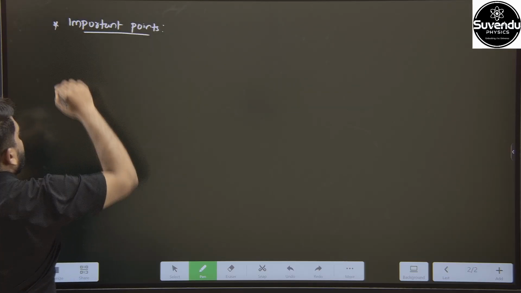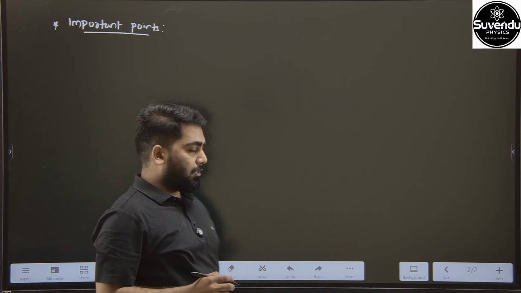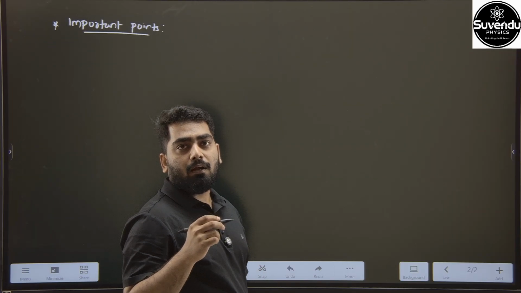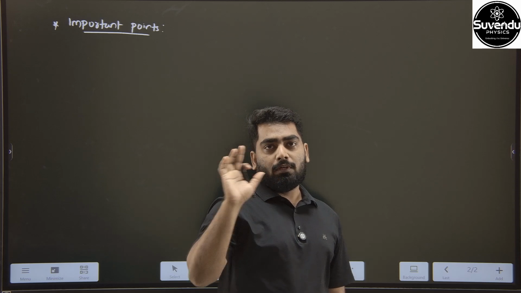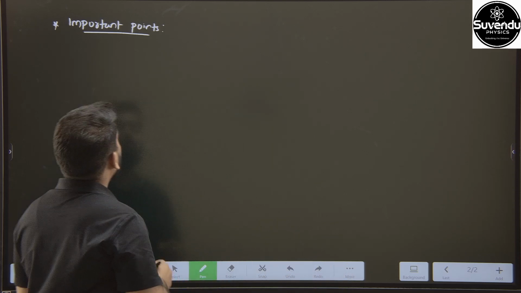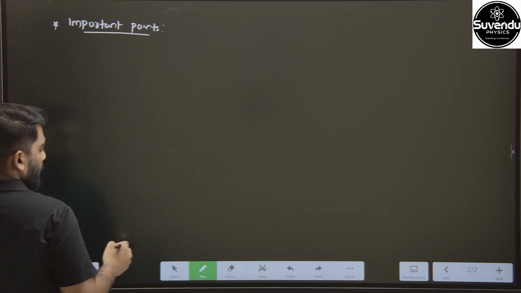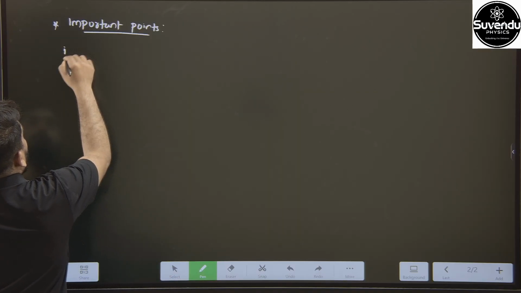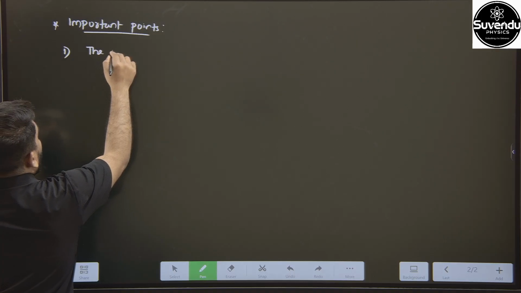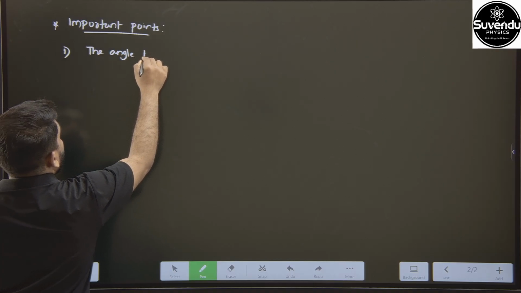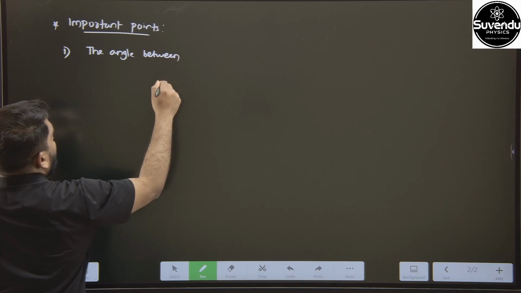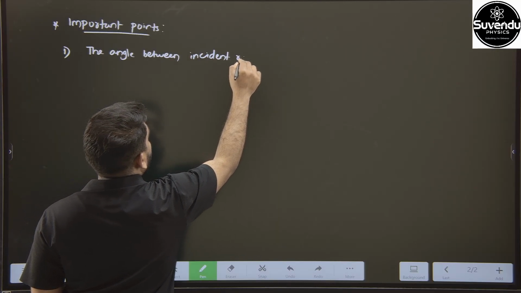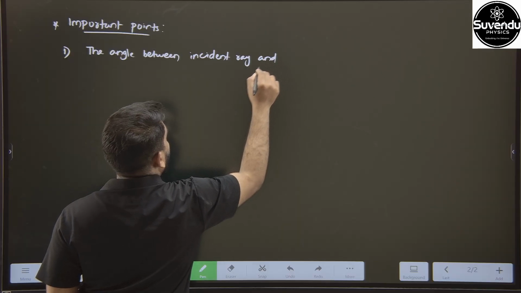So basically, the main part of yesterday's class was laws of reflection, and there are two laws of reflection, and those are valid in case of regular reflection as well as irregular reflection. Now, in the previous class, as per the concept, we discussed the angle between the incident ray and the reflecting surface.